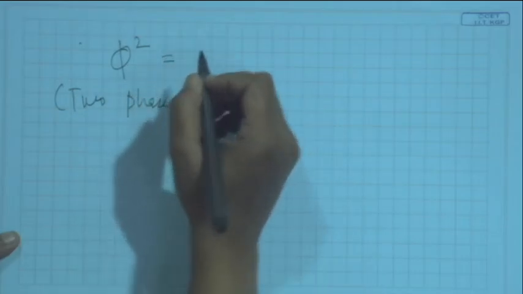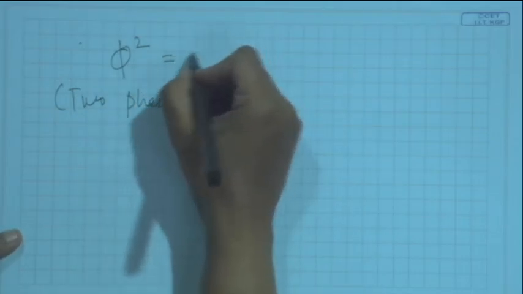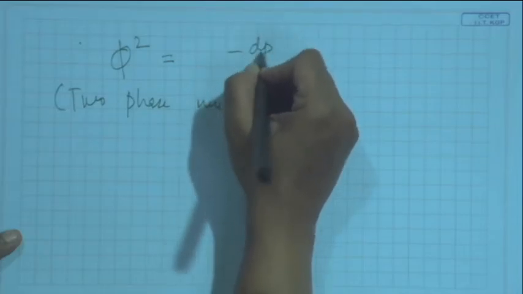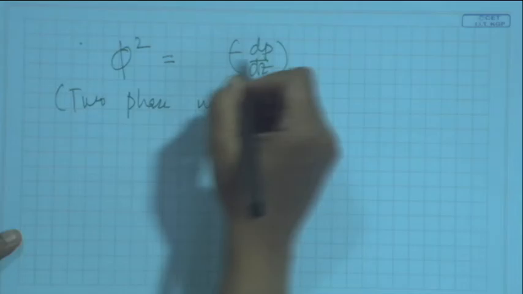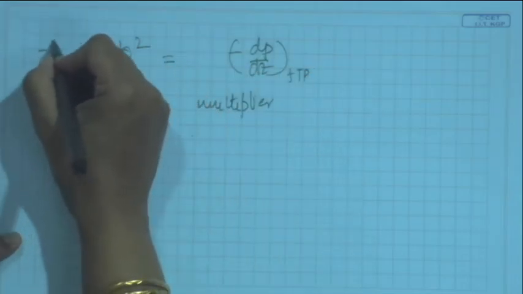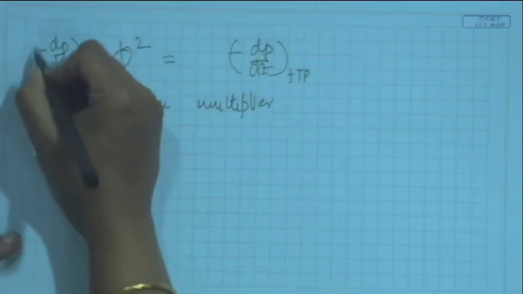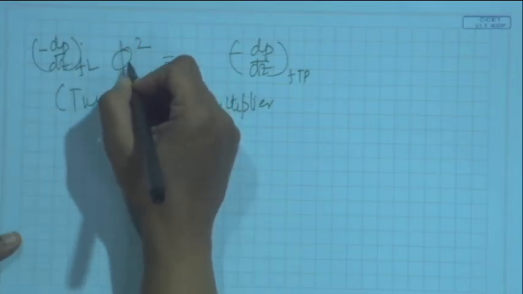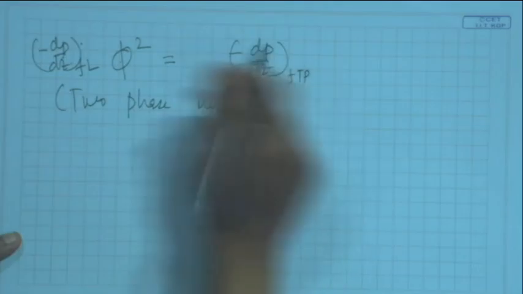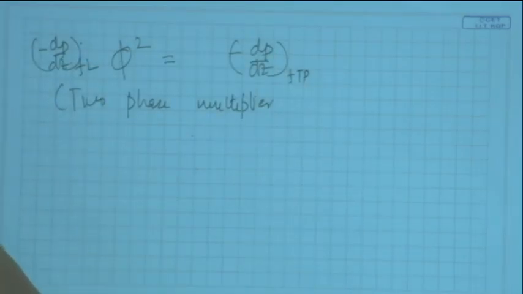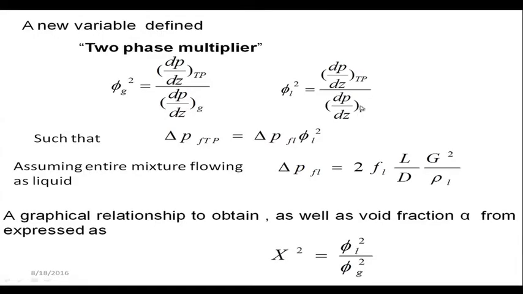The two-phase multiplier gives the two-phase frictional pressure drop when it is multiplied with a single phase frictional pressure drop. So, it is basically a ratio of the two-phase frictional pressure drop to the single phase pressure drop of either of the phases flowing alone in the microchannel.